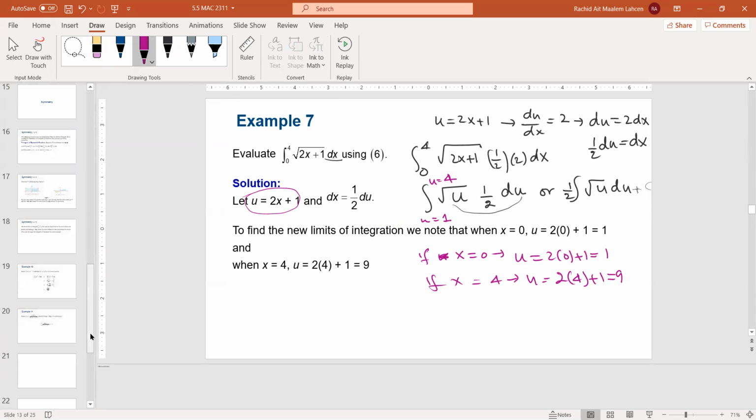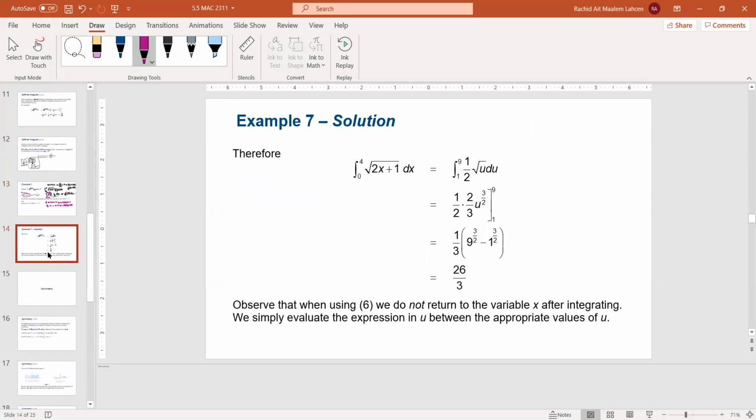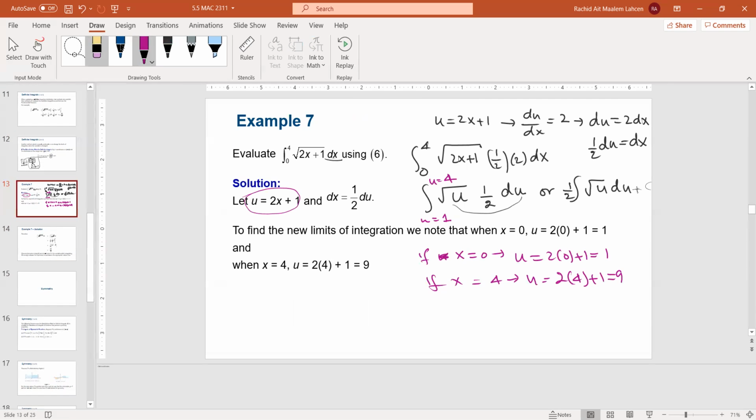And let's show the steps here. So this is 9, not a 4. So the integral from 1 to 9 of the square root of u du.